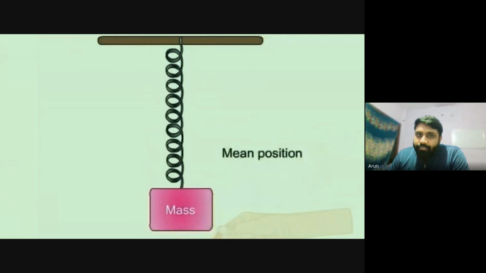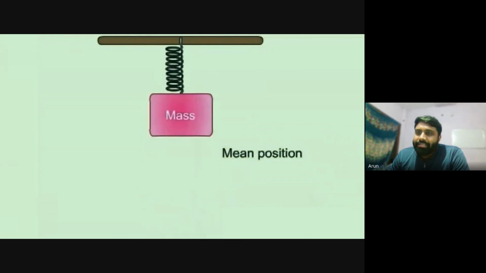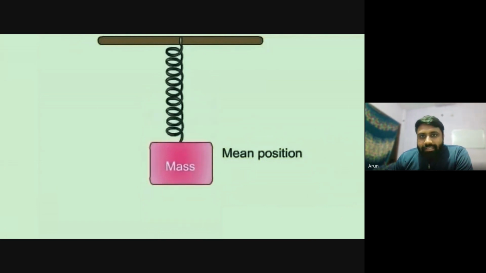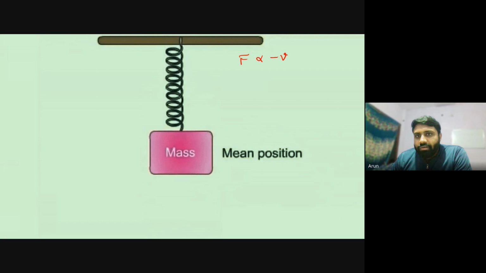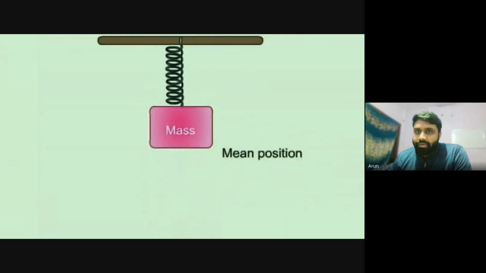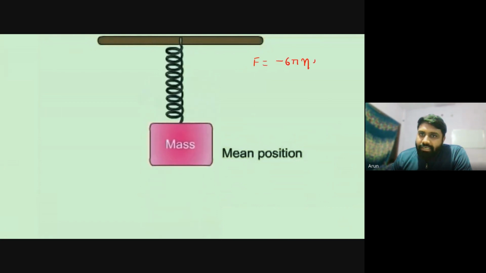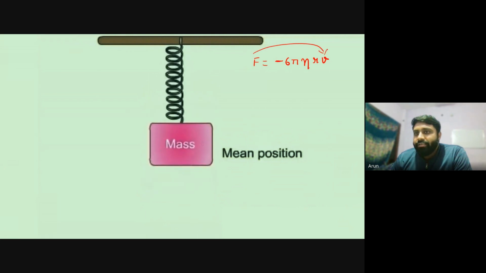Why? Because here the air resistance also acts opposite to the velocity. We know that air drag is directly proportional to the negative of the velocity, and this is nothing but Stokes law. If you remember, Stokes law is 6 pi eta r v. So it depends on velocity and acts in the opposite direction.